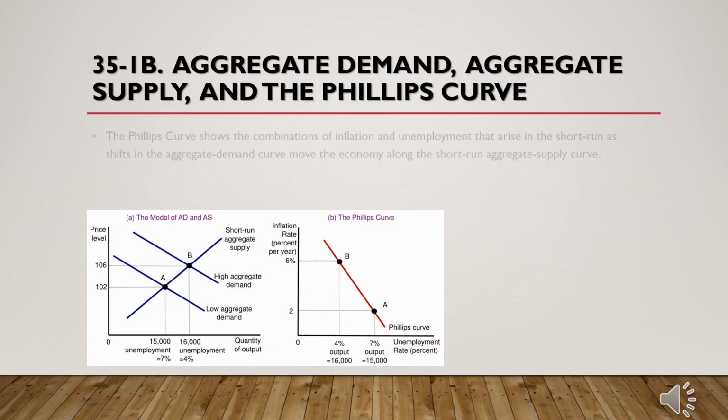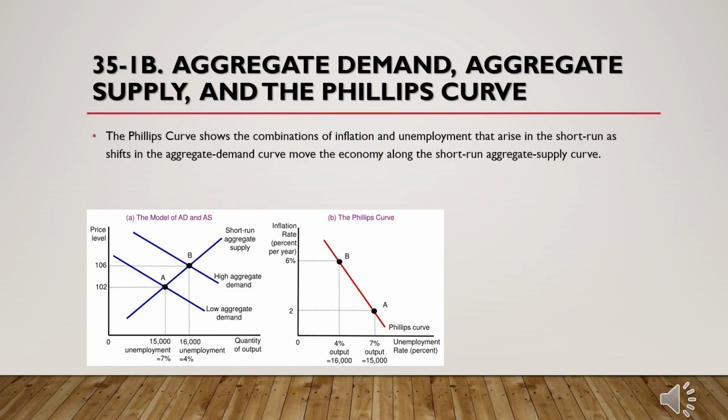The Phillips curve shows the combinations of inflation and unemployment that arise in the short run as shifts in the aggregate demand curve move the economy along the short-run aggregate supply curve. As we have learned in the previous two chapters, an increase in the aggregate demand for goods and services leads to a larger output of goods and services and a higher price level in the short run.